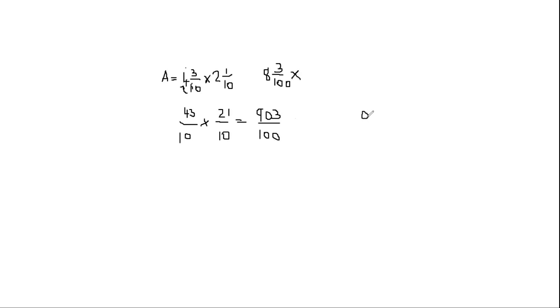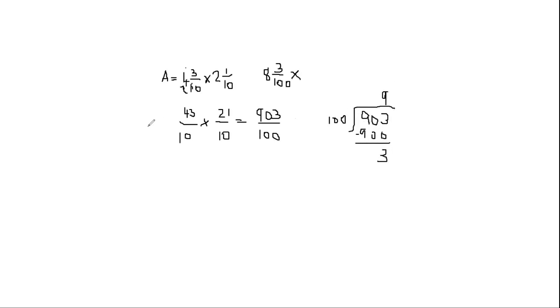We need to change it into a proper fraction. We have to change that into a mixed number. So we are going to divide 903 by 100. 903 divided by 100 will give me 9. 9 100s are 900. So when you subtract, the remainder is going to be 3.